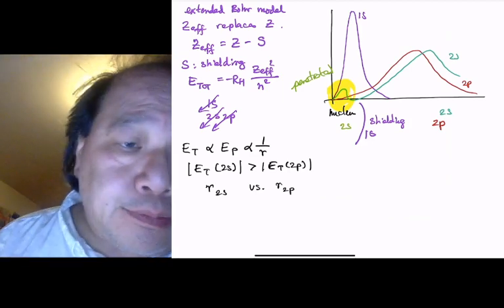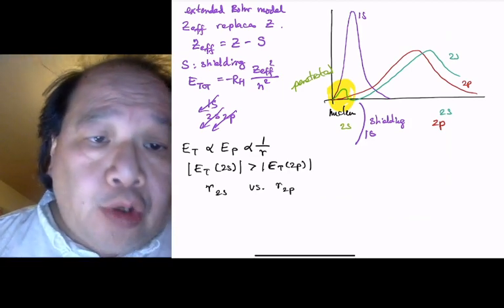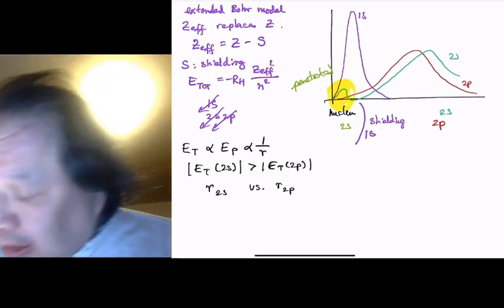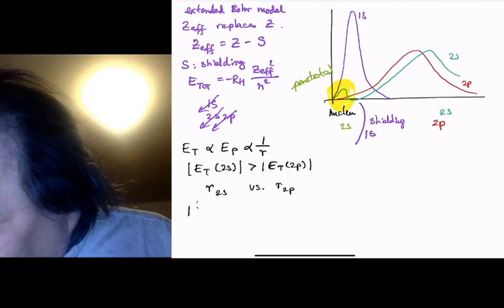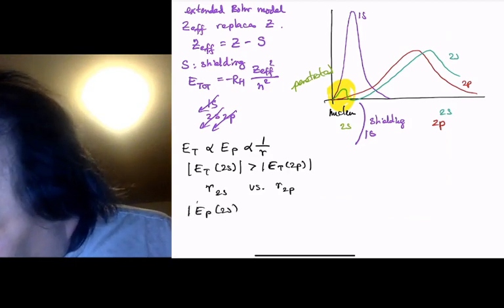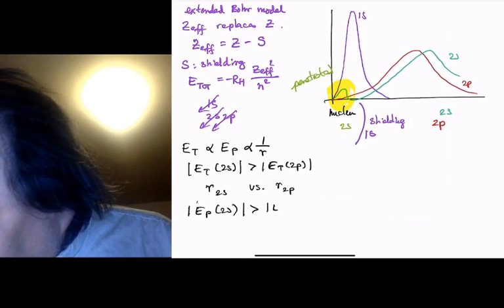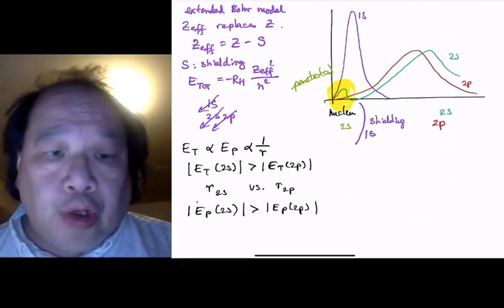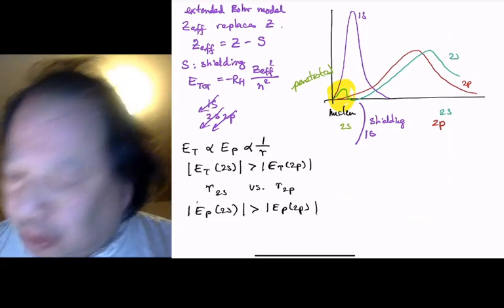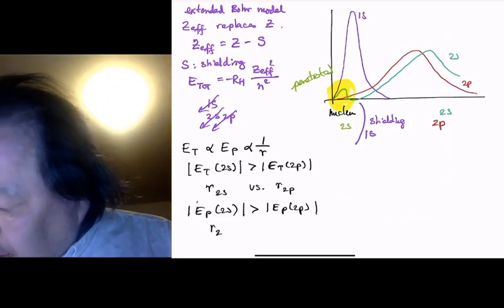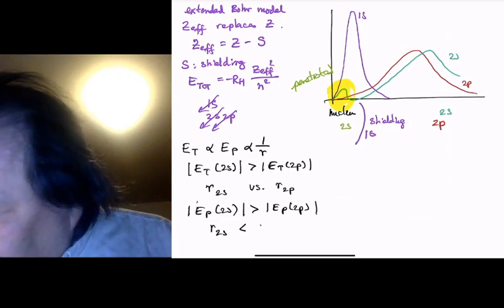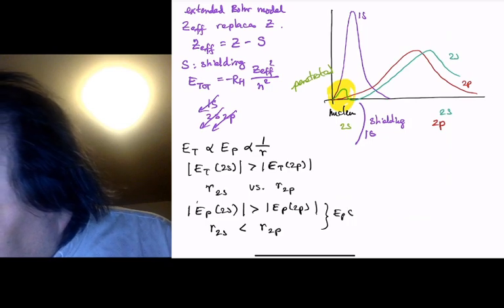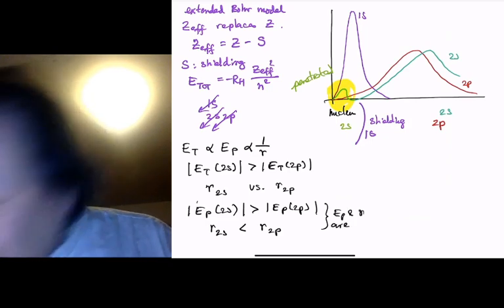Put in chat. Well, if E total for 2s is bigger than E total for 2p, then EP for 2s in magnitude is bigger than EP for 2p. And since EP and r are inversely proportional, r of 2s is smaller than r of 2p.